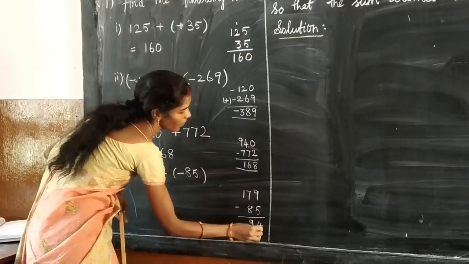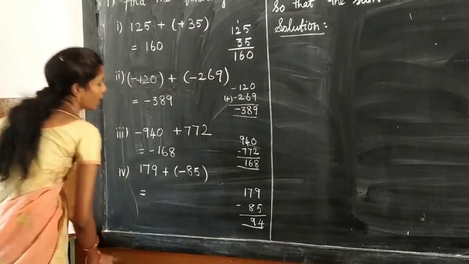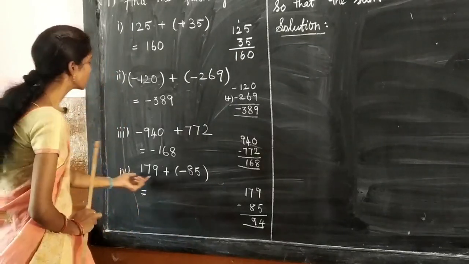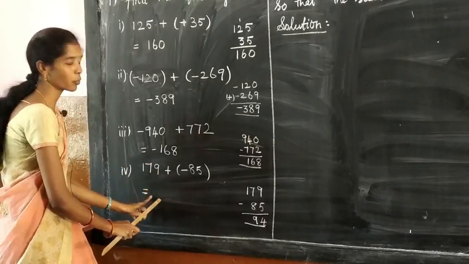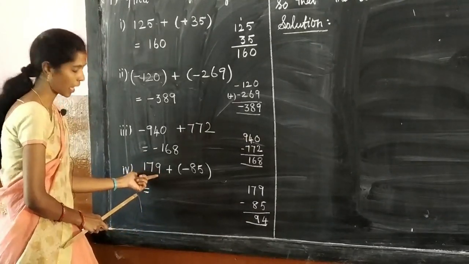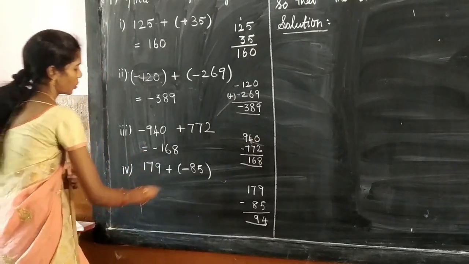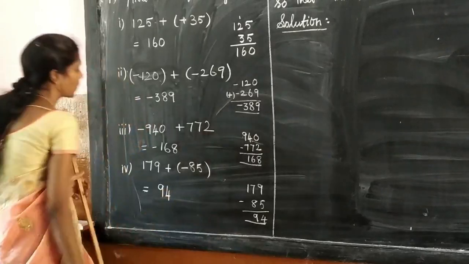Okay. Then the sign here should be plus, because this 179 is the bigger number. The sign of the biggest number we have to give to the result. So the biggest number here is 179. That sign is plus. So we write here only 94. No need to write the plus sign.